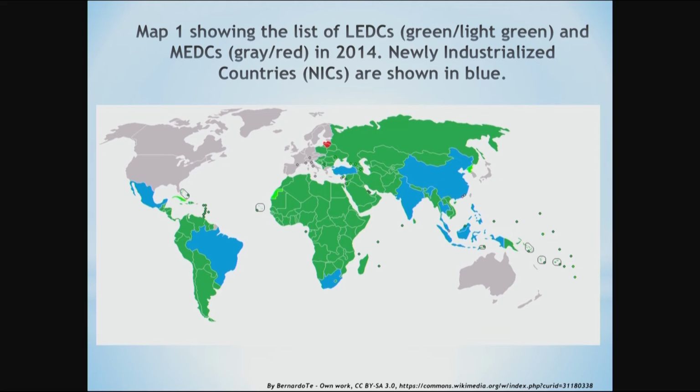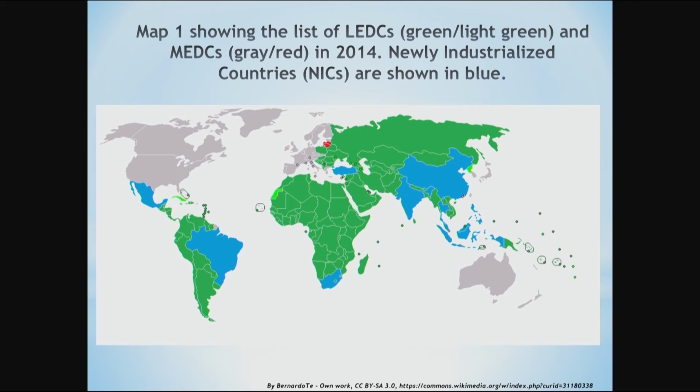But if we look at South America also, we see another color. We see blue. And blue already tells us that it is an NIC, which is the newly industrialized countries. Okay, so we see Brazil.